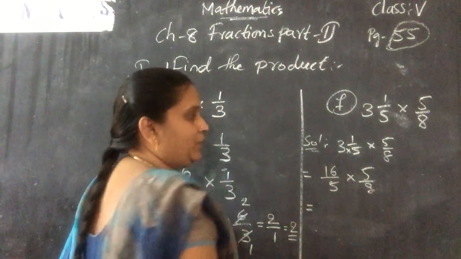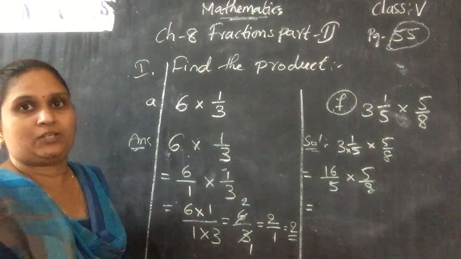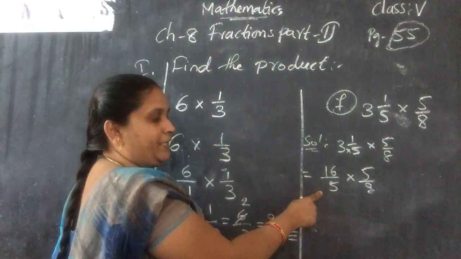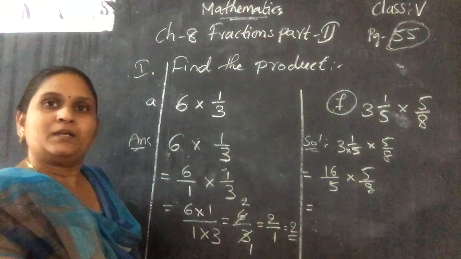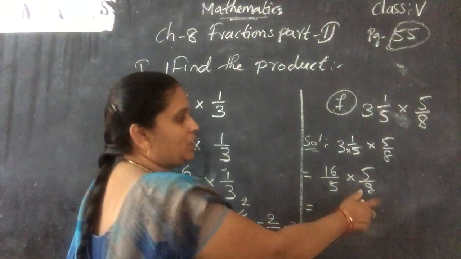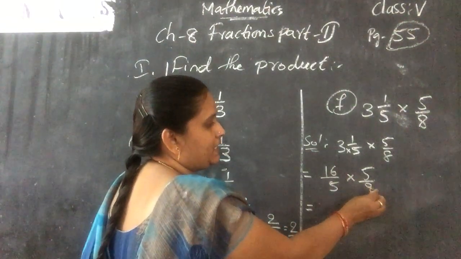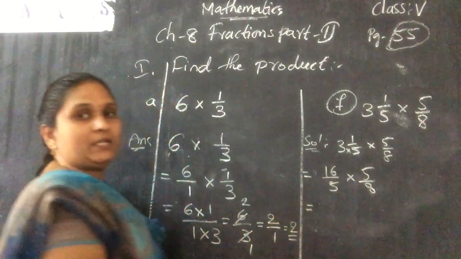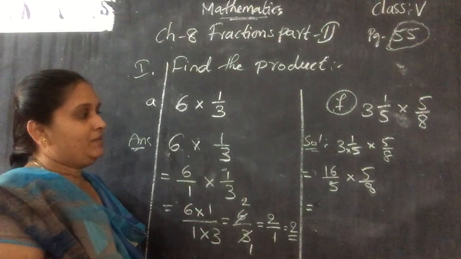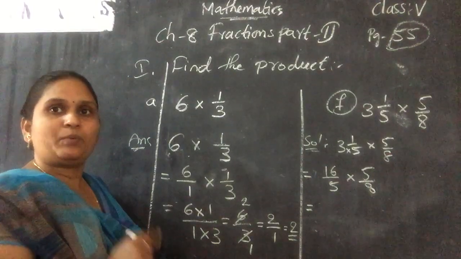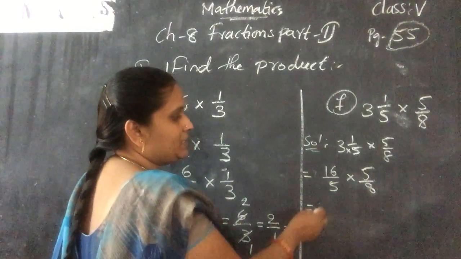Here you can do the cross division. Cross division means a denominator and a numerator can both be divided. Here the denominator 8 and the numerator 16: in the 8 table 16 is possible, isn't it? 2 times it will be, and in the 5 table, 5 can be divided 1 time. So directly you can do the simplification.